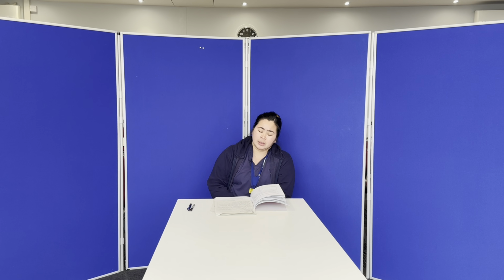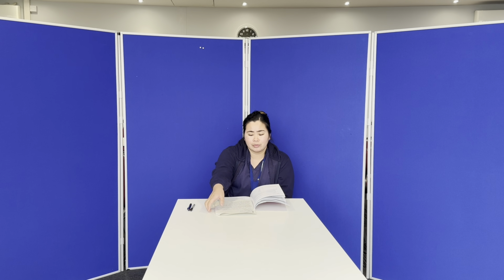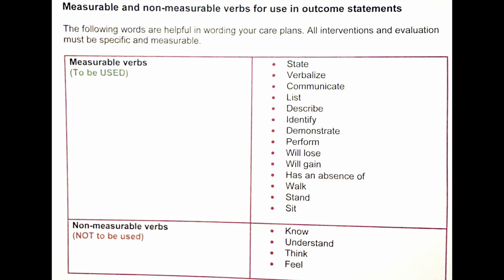So some of the top tips that I could give you for planning: do not use abbreviation. Okay, so do not use INJ for injection, do not use S/C for subcut. You have to spell it out every time. And you always have to use measurable verbs. What do I mean by that? Like state, verbalize, communicate, list, describes, identifies, demonstrates, performs, and things like that.